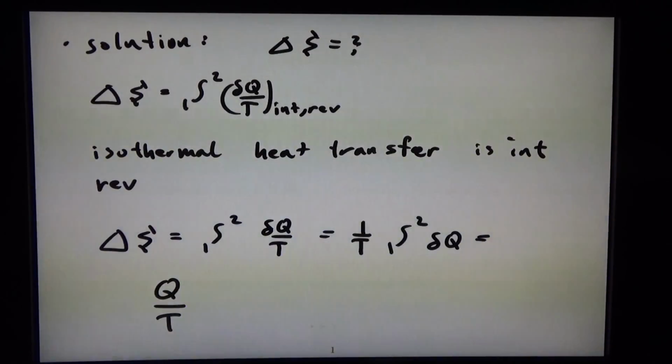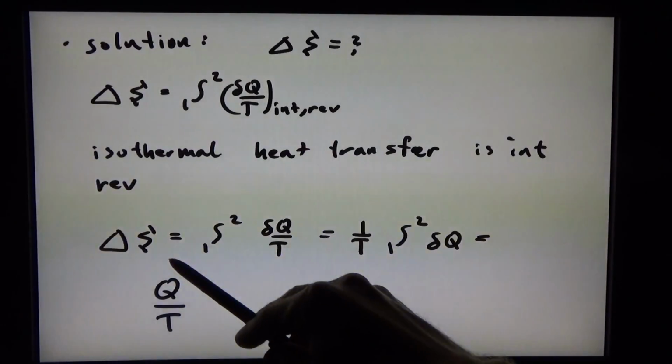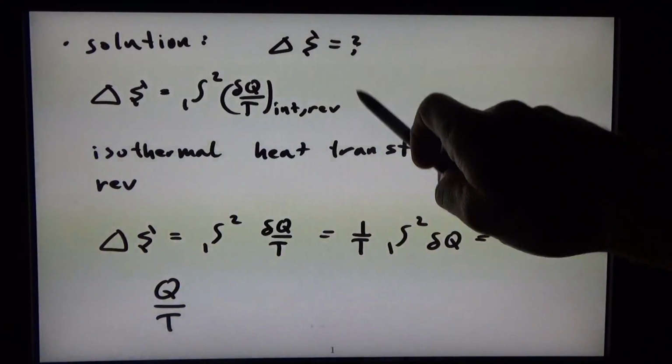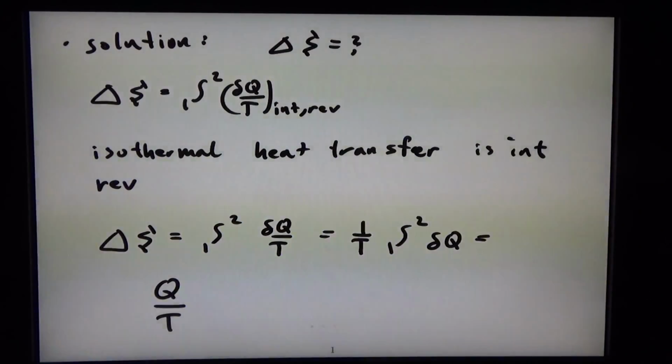So this is the special case for isothermal heat transfer. We get that delta S is equal to Q over T. We talked about this in the notes briefly, and I mentioned that heat transfer with an energy reservoir is, for the most part, the only time that we use this way to calculate delta S. So delta S here is basically just Q over T.